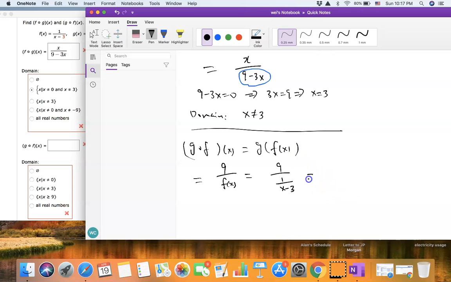So this is like 9 divided by 1 over x minus 3, right? When we write this into multiplication, this will be 9 multiplied by the reciprocal of the denominator. The reciprocal of the denominator is x minus 3 over 1. So this composite function is 9 times x minus 3.